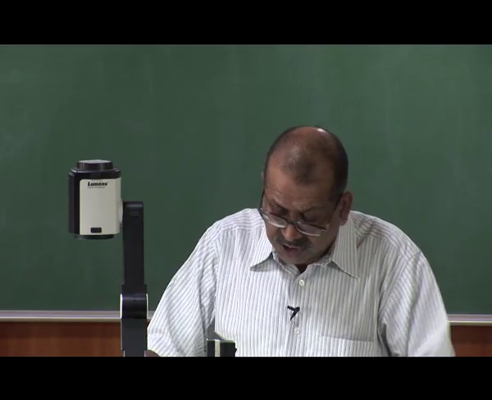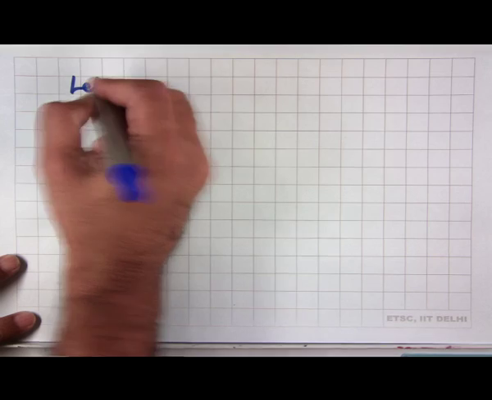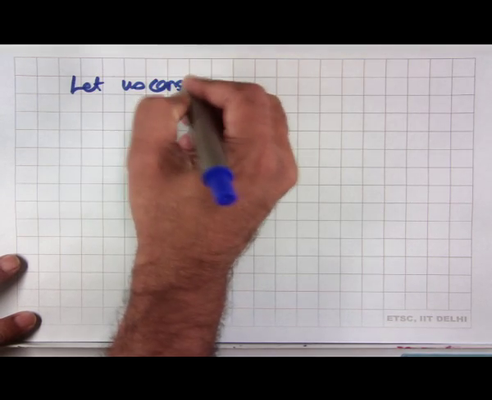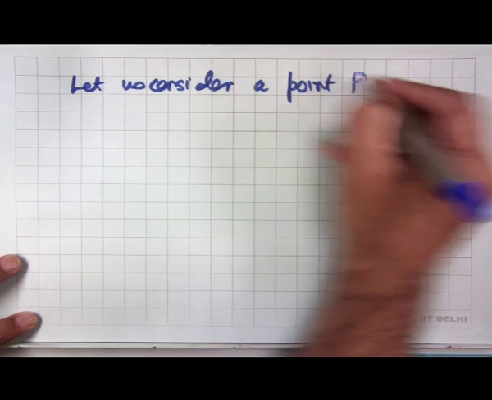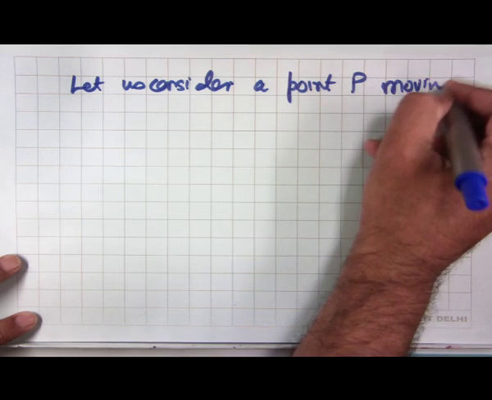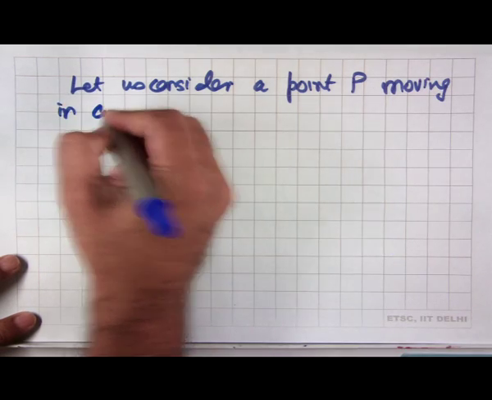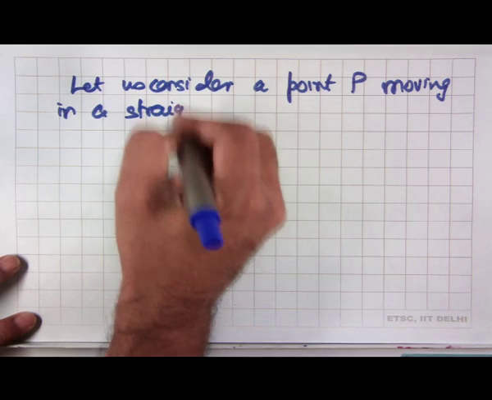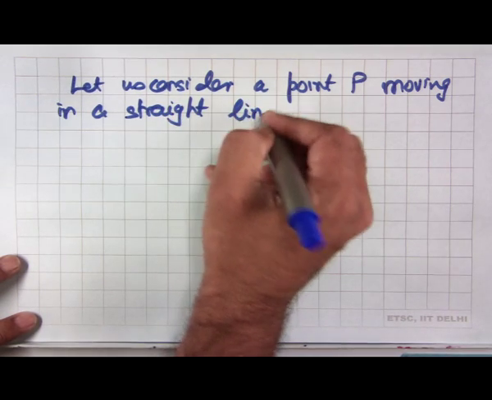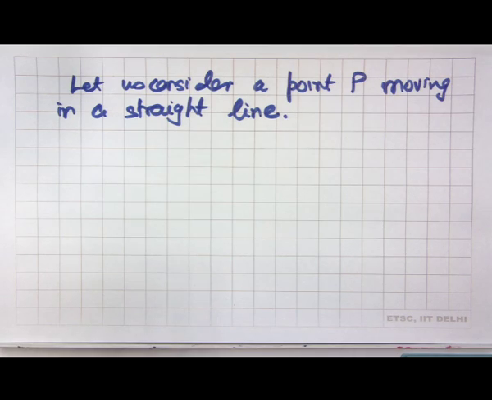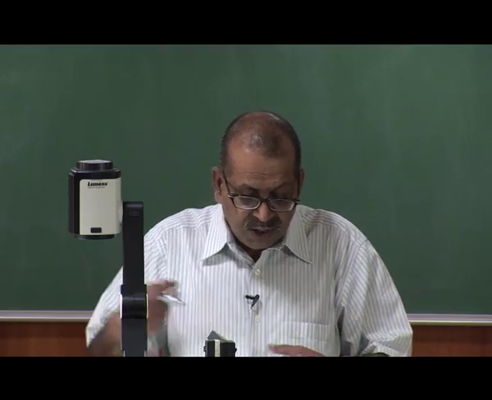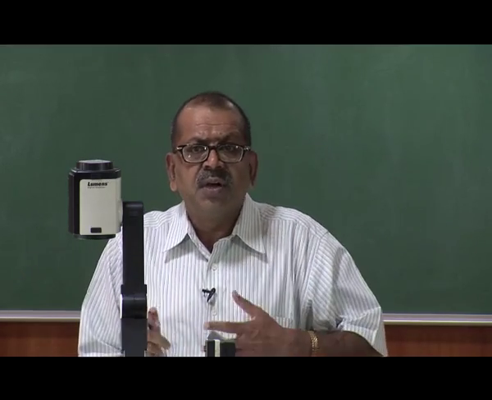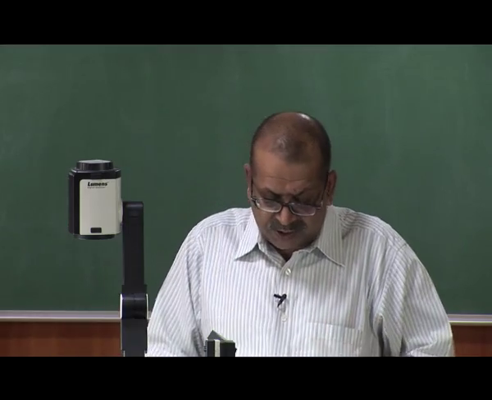So, let us consider a point P moving in a straight line. For the purpose of this unit, we are talking of motion in a straight line. We will talk of motion along a curve, etc., with regards to moving frames when we talk of those topics.